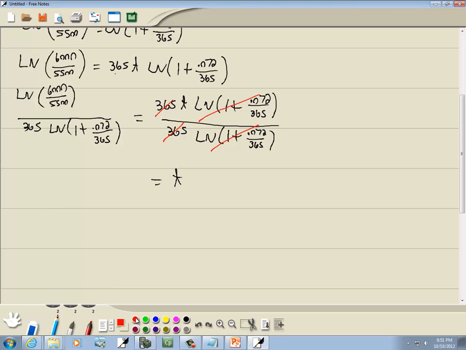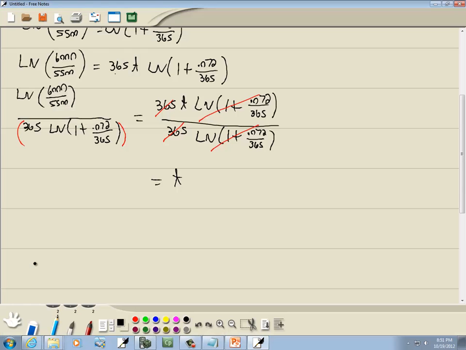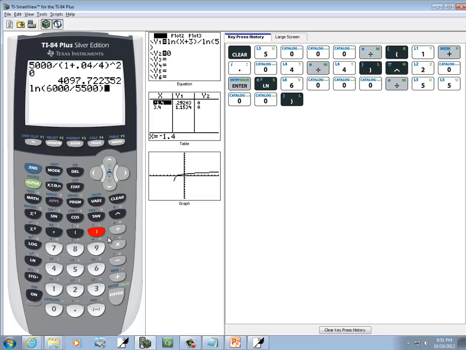Now to plug that in your calculator, the top part's okay, but the bottom part, if you have more than a single number, a single variable, or a single ln, then you have to put parentheses around it. So when we plug that in, we've got to put parentheses around the bottom. So we'll do natural log, this is the top part, 6,000 divided by 5,500. Closing parentheses, divided by our bottom part.